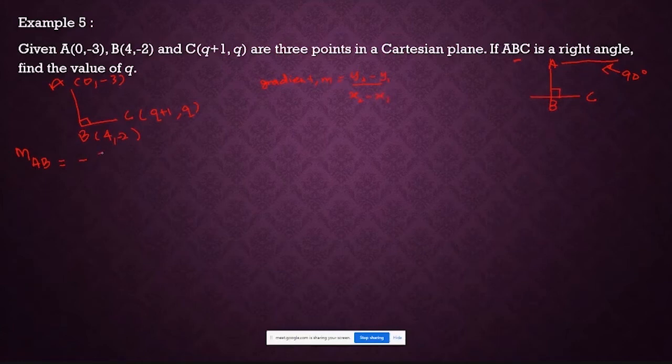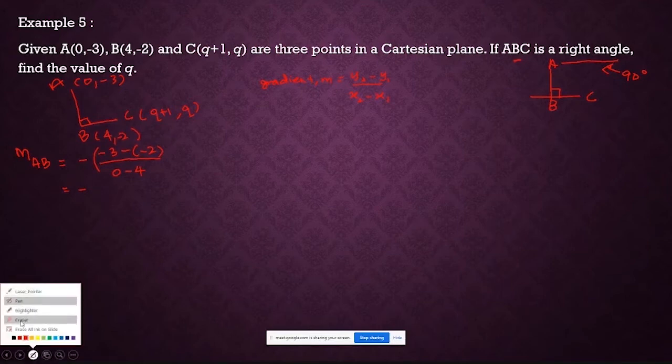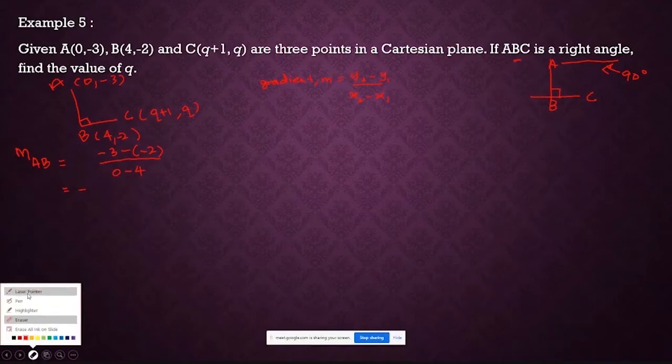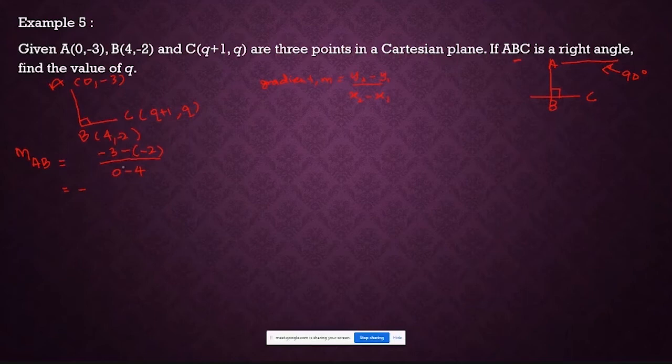So negative 3 minus negative 2 over 0 minus negative 4.